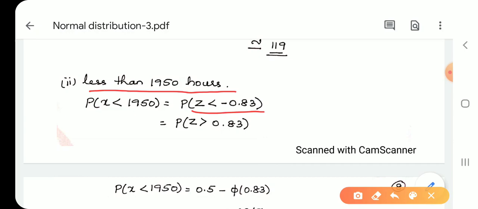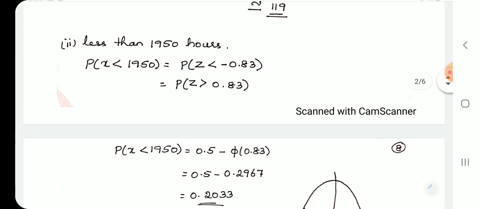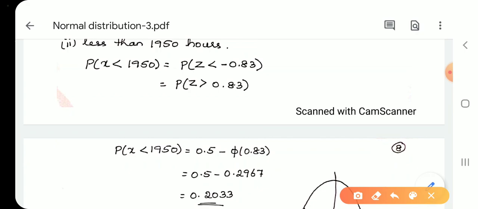So this negative value can be avoided, and we will write exactly the symmetric portion which is on the positive side, as P of Z greater than 0.83. Since both are exactly symmetrical, this can be rewritten as P of Z greater than 0.83.